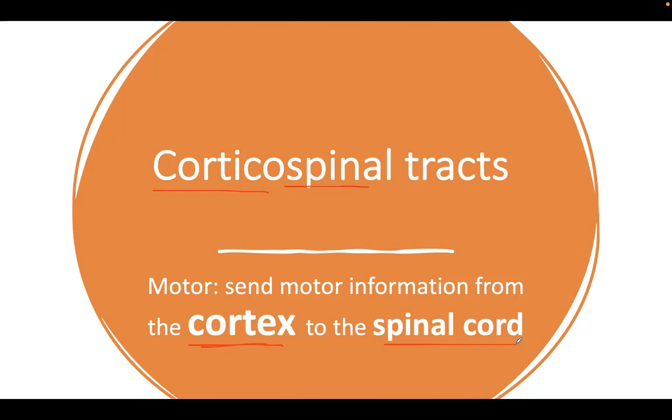Now, does anyone here know what specific part of the cortex of the brain is involved? Okay, so think, what part of the cortex of the brain is involved in the corticospinal tract? Where does the corticospinal tract originate? Okay, so from what part of the cortex? So we have the primary motor cortex, and it also receives some help from the premotor.